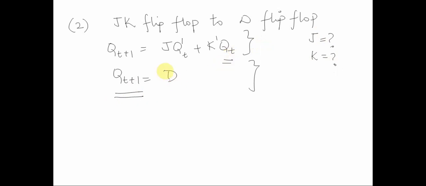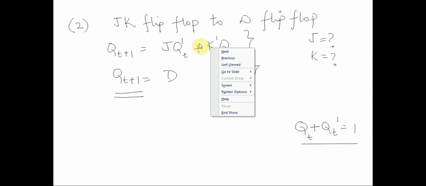For us to do this, we have to somehow eliminate Q(t) from the Q(t+1) equation. We know a simple property that any variable ORed with its complement is always equal to 1. For this, we need a common factor.